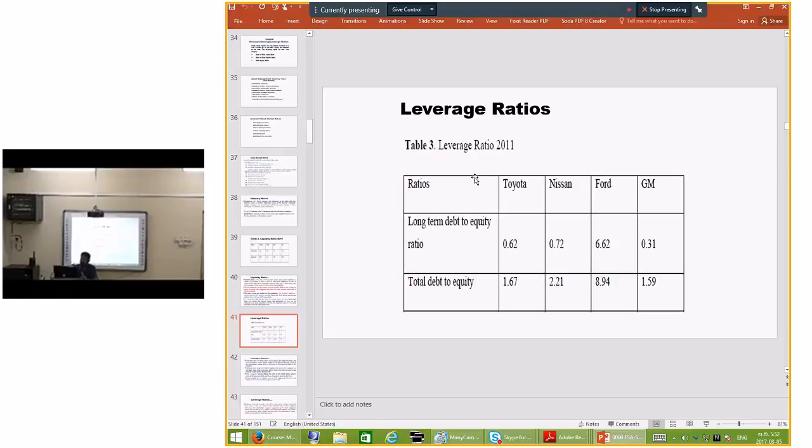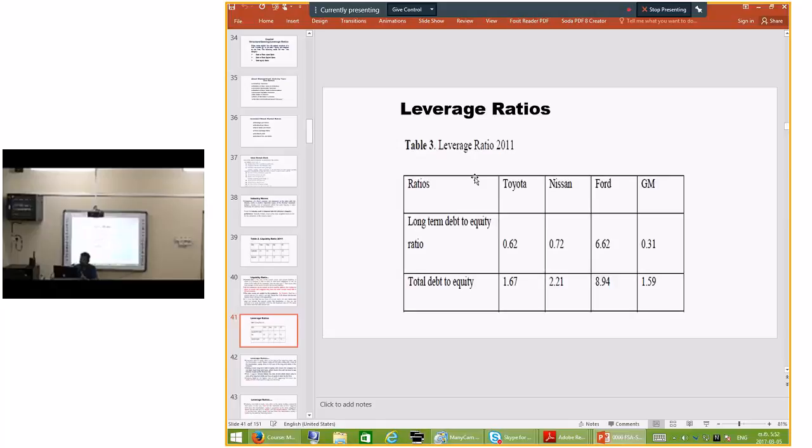If this value is 1, debt equals equity. If this value is greater than 1, that means debt is greater than equity. That is not so good in terms of financial risk, right?